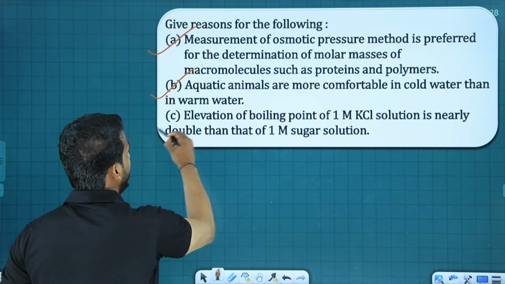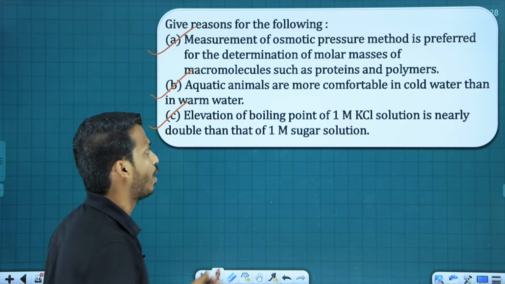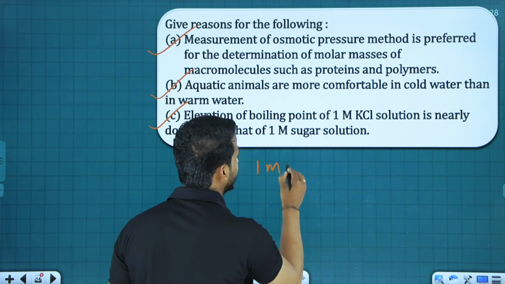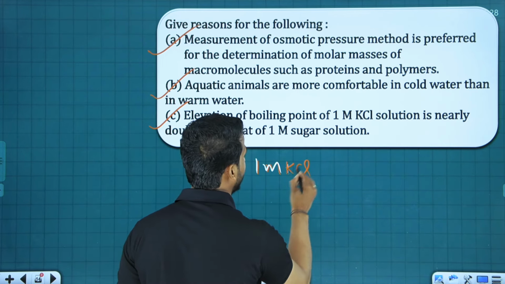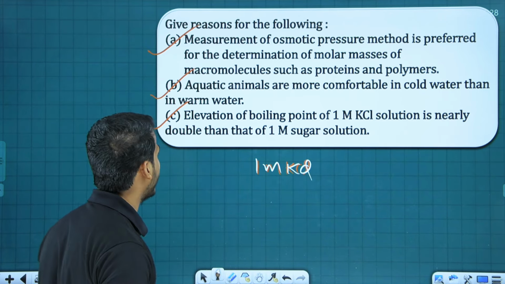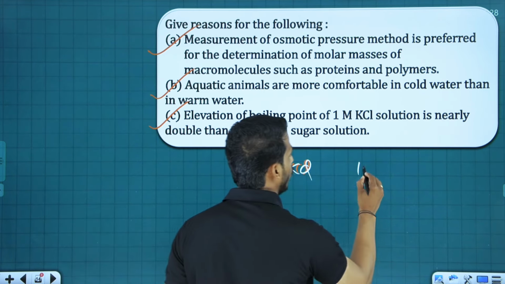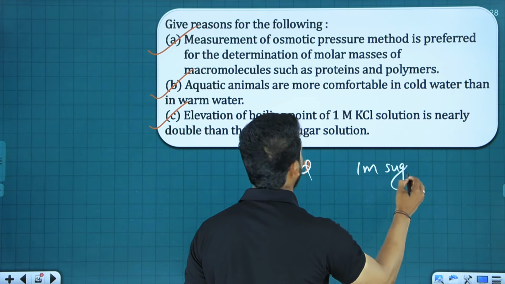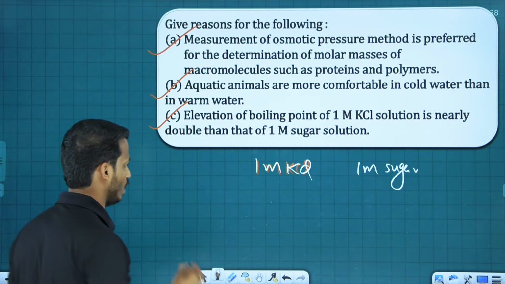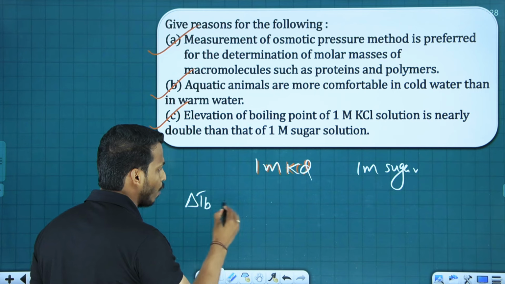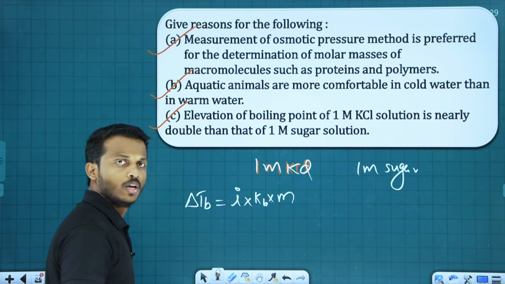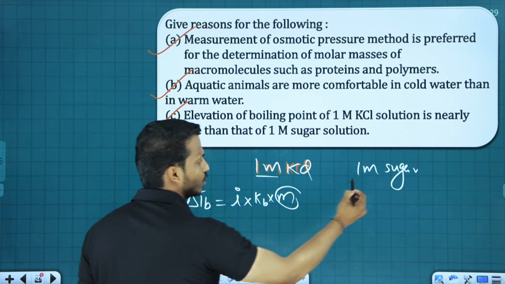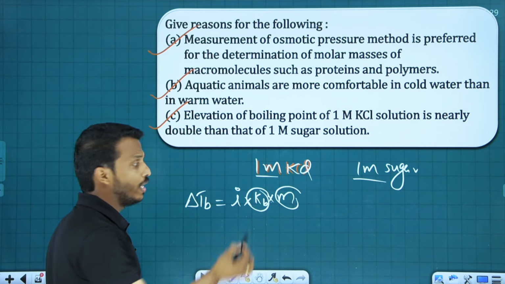What is C? Elevation of boiling point of 1 molal KCl solution is nearly double that of 1 molar sugar. Why is it so? Which factor? Elevation of boiling point is equal to i into Kb into m. Molality is constant. Kb for a liquid is constant.